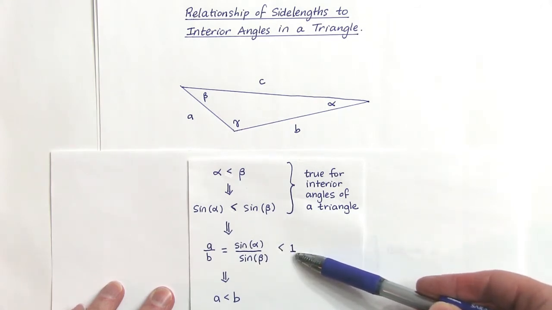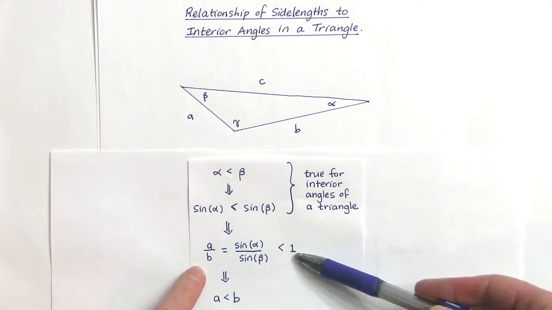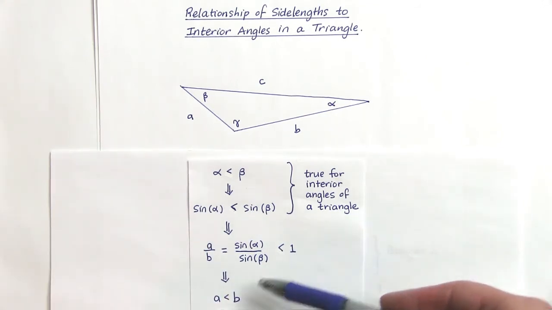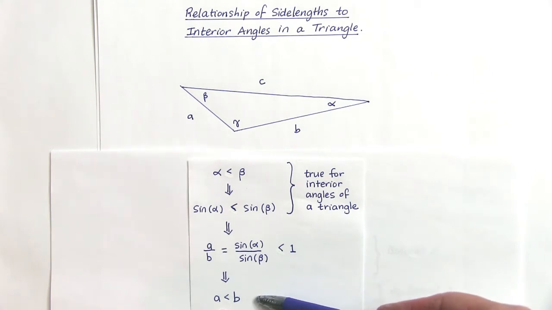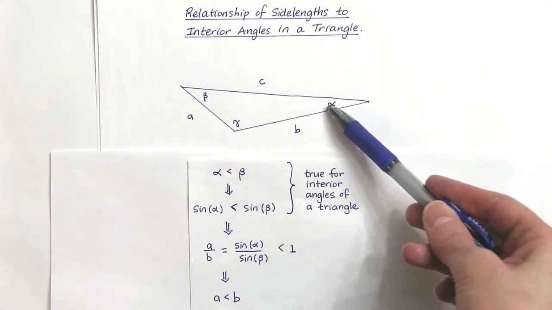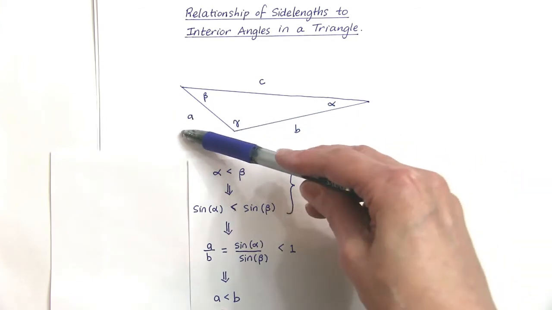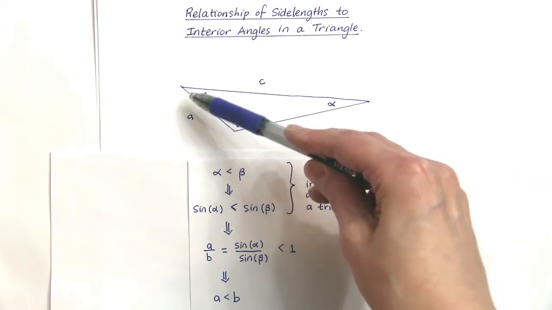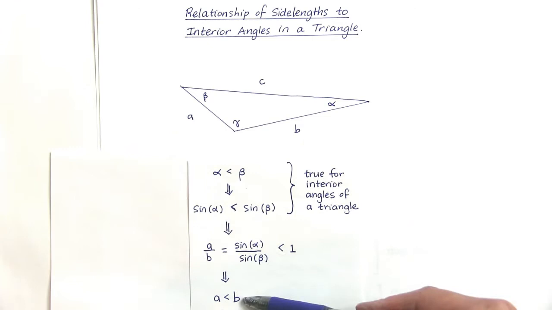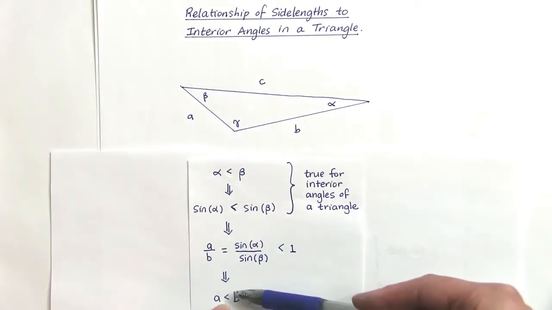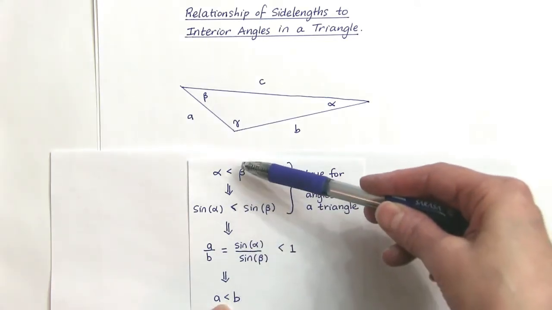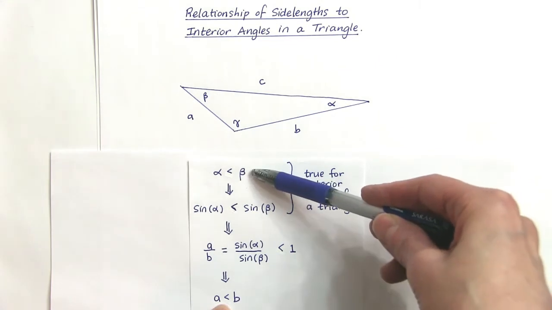Therefore, A over B is less than 1, which means that A is less than B. So this is what the proof would look like if you want to prove that if the angle alpha is smaller than the angle beta, the side opposite, A, must be smaller than the side opposite, B, and equality would follow here if we have equality of the angles.